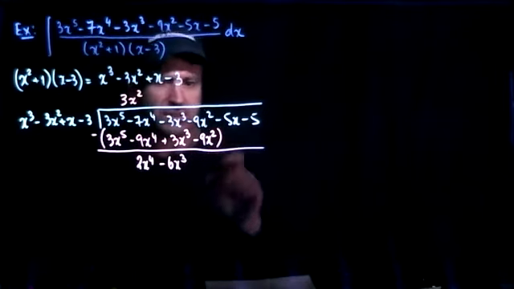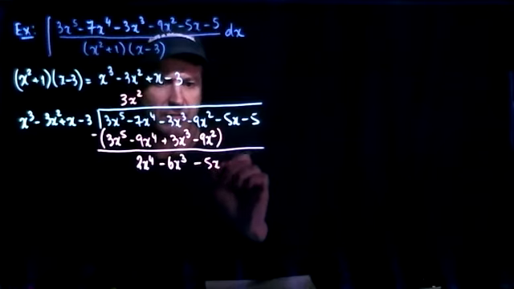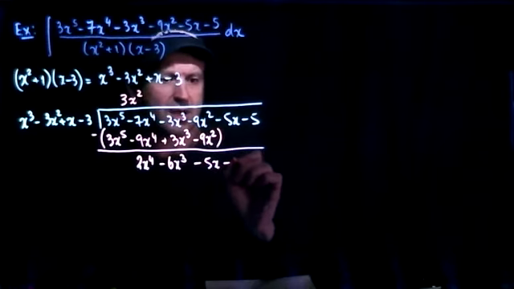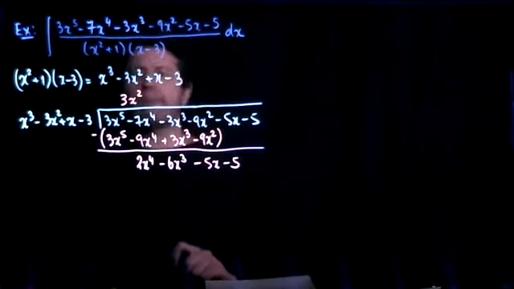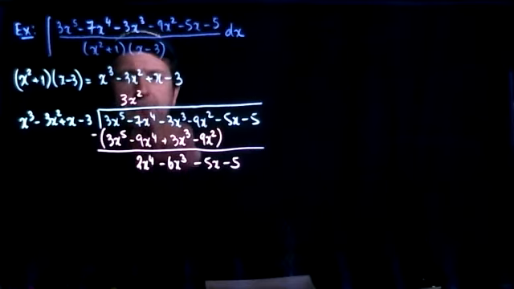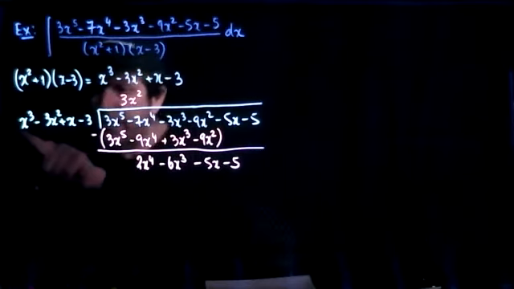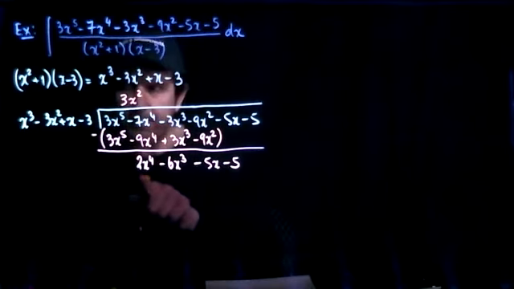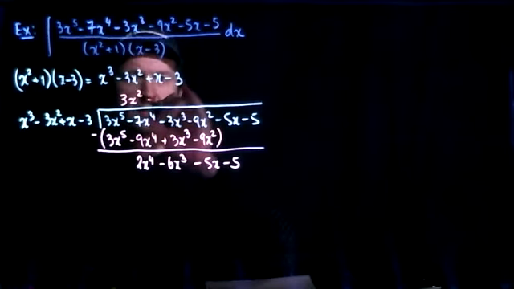And these ones are still here: minus 5x, minus 5. Then again, what times x^3 gives me 2x^4? It will be 2x.